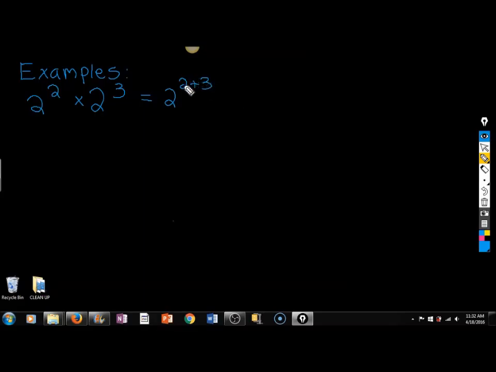So if we add these two together, you notice they have a common base. This equals 2 to the fifth. And 2 to the fifth equals 32.